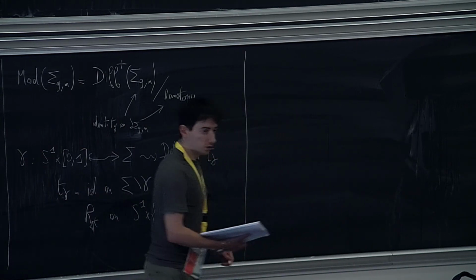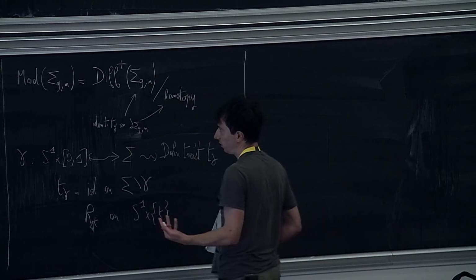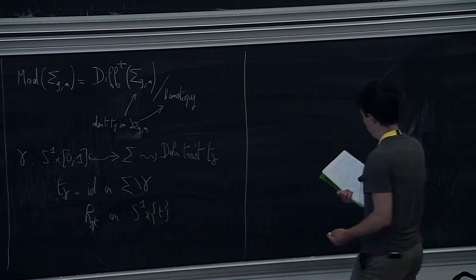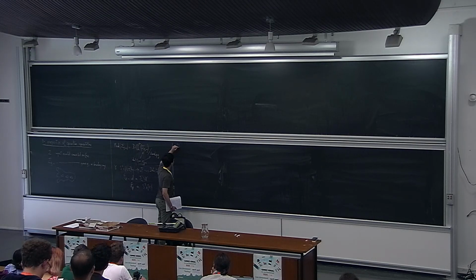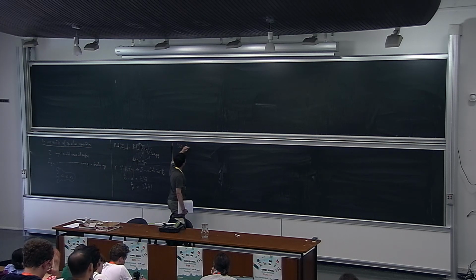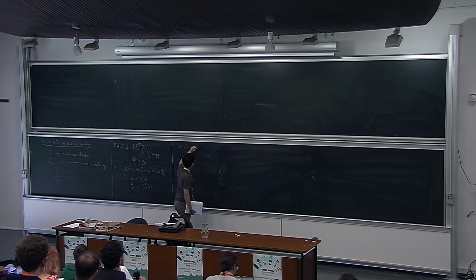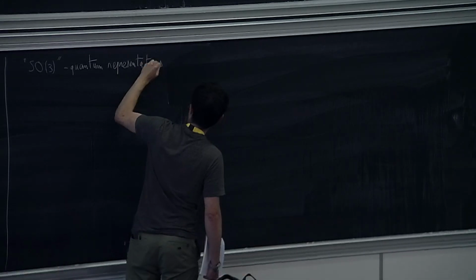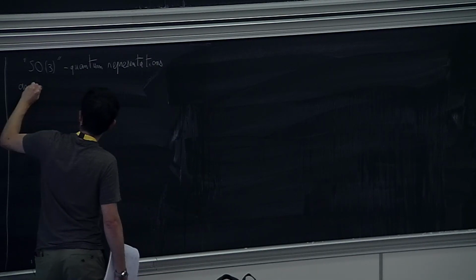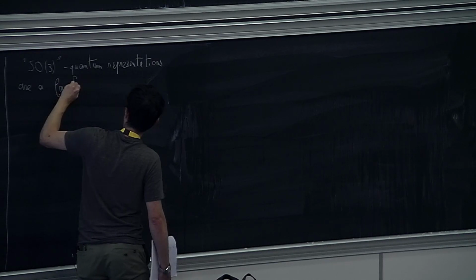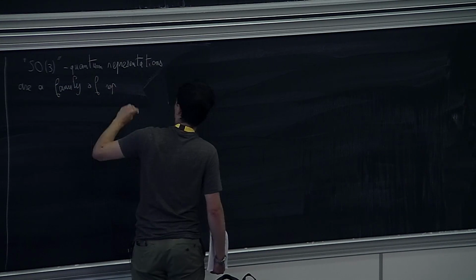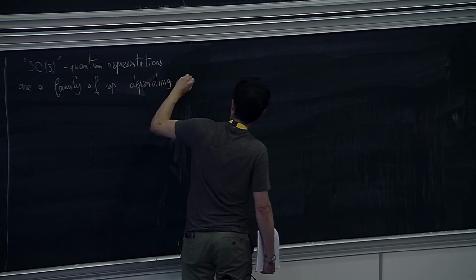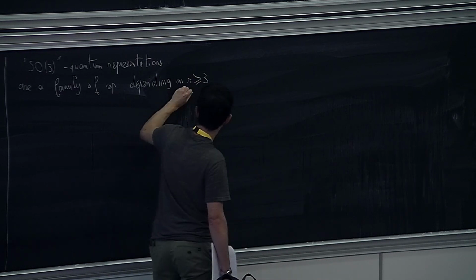So the point of this class will be to define and then talk about the properties of some representations of those groups. So what we will talk about are so-called SO3 quantum representations of mapping class groups of surfaces. Those are a family of representations depending on the parameter r, which will be an integer, at least equal to 3 and odd.